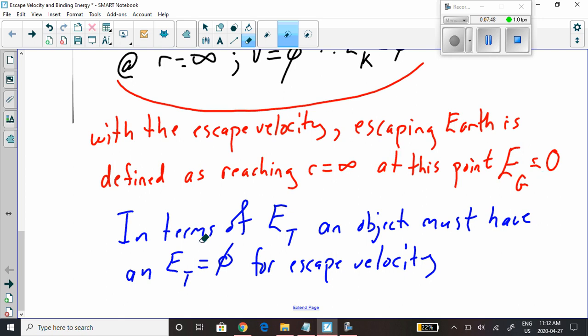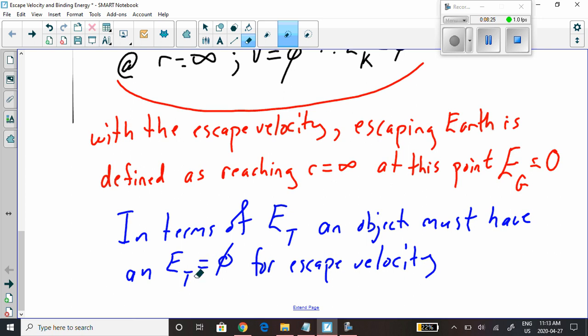So in terms of total energy, an object must have a total energy equal to zero for it to escape, or to have an escape velocity. At r equals infinity, its gravitational potential energy is zero and its kinetic energy is zero, therefore its total energy is zero.